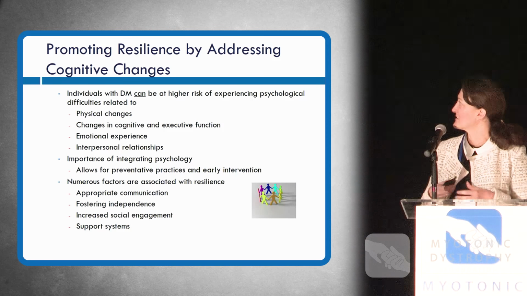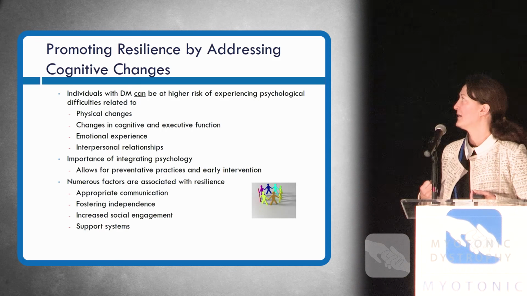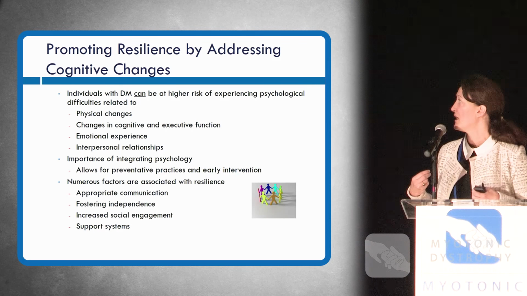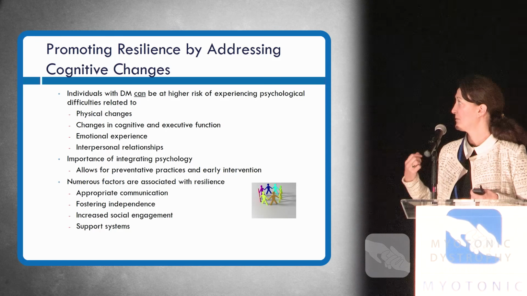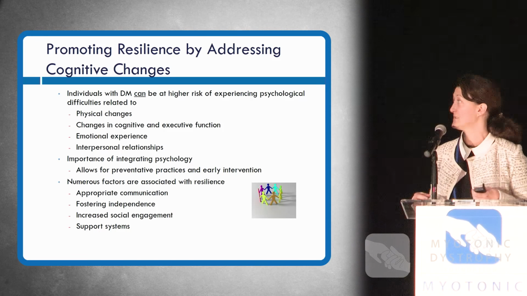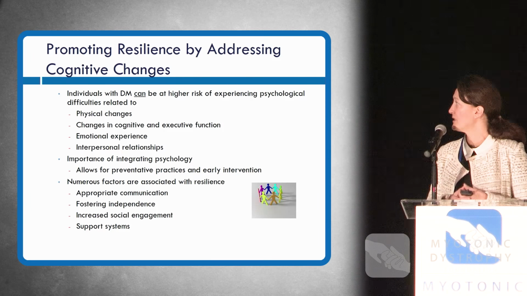And I think this is my last slide. So individuals with DM can be at higher risk of experiencing psychological difficulties related to your disease and your cognitive change. They can be related to physical change, cognitive, executive function, your emotional experience of living with the disease and maybe being parents of children with the disease, your interpersonal relationships and how you share information and interact with each other.